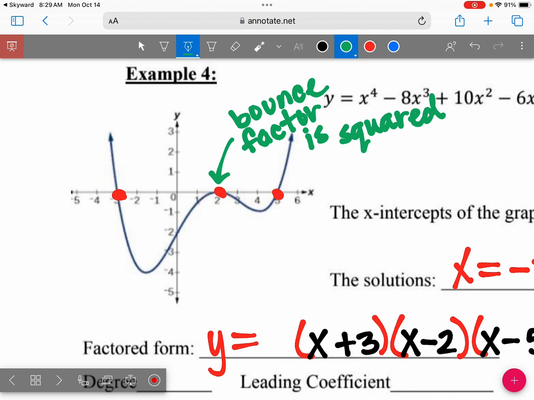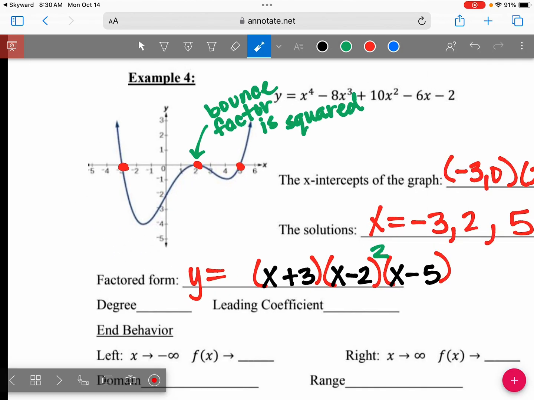So that means that this x -2 that you see right here, that's really twice. So we just put a 2 on the outside of that factor. So it bounces. Right here, it went through, and here it goes through. But here it comes up, hits the 2, and bounces back.